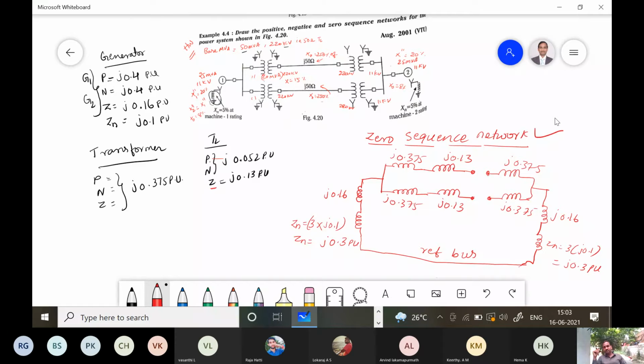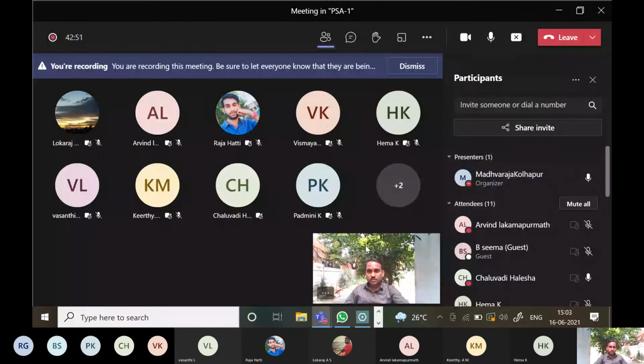Is it clear how to draw the zero sequence network? Yes, sir. Any doubt regarding this? This is very simple. There is a simple technique for how to write the positive, negative and zero sequence networks. Lokraj, understood?